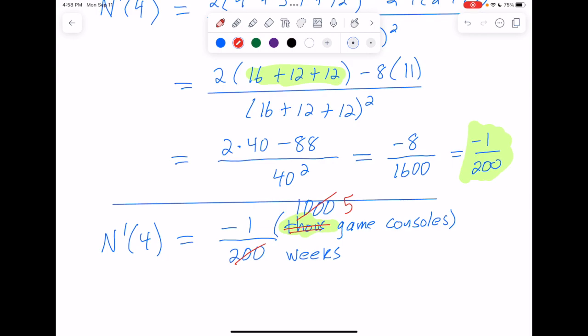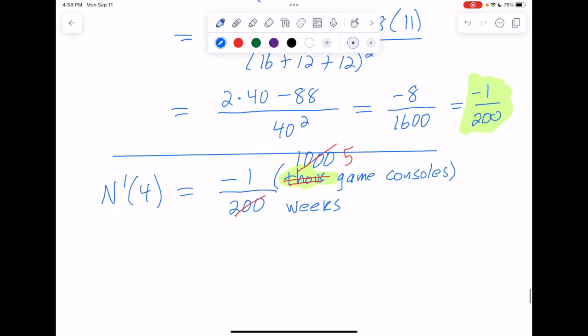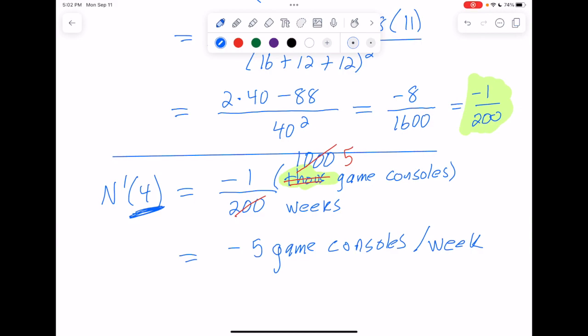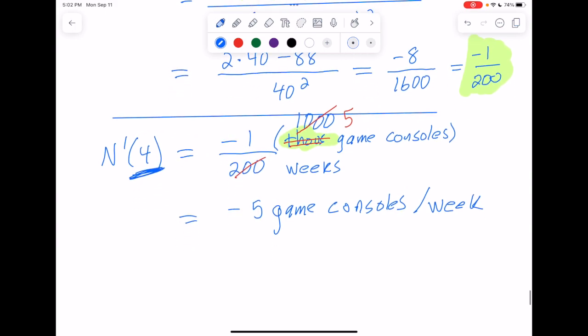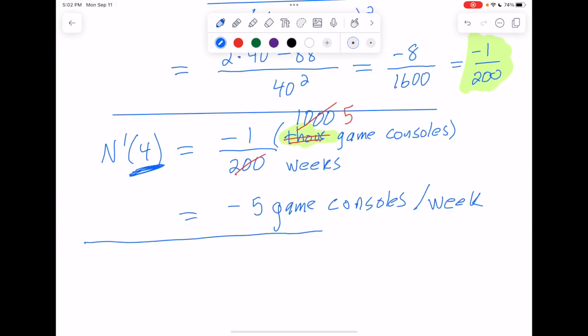So now if we look at the reduced version of this, we have negative 5 game consoles per week. So now we've added the units, but we still want to really put it into a sentence. What does it mean? So it means that after 4 weeks, production is decreasing at a rate of 5 video game consoles per week. So let's go ahead and write that out, and then we will be done.